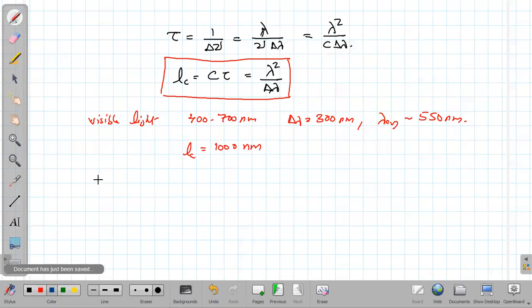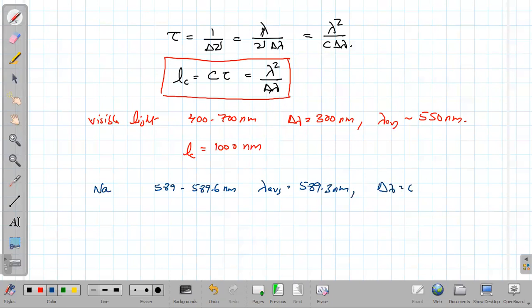Now if you take sodium, we know that it has two dominant wavelengths, 589 and 589.6 nanometers. So for lambda, the average is 589.3 nanometers, and delta lambda is 0.6 nanometers.